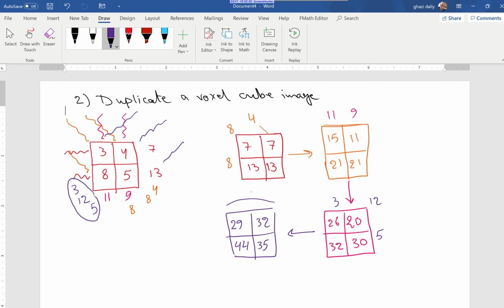And this is the last result over here as read by the computer.